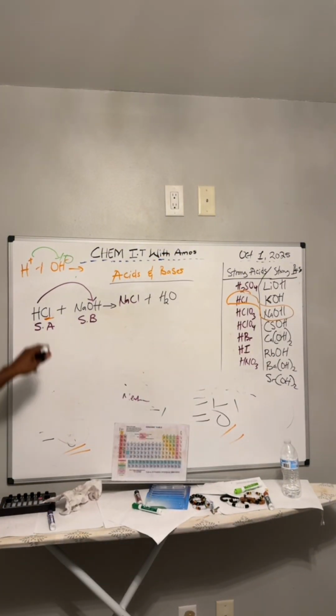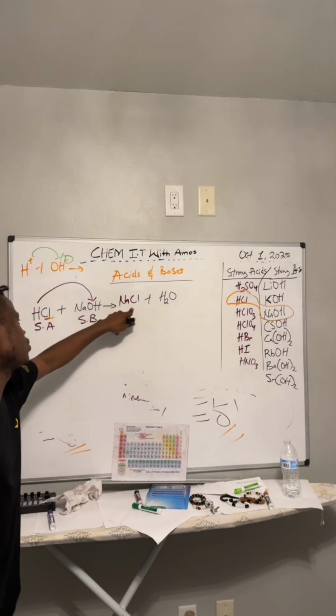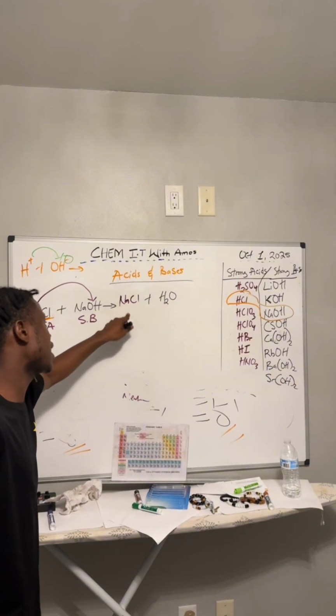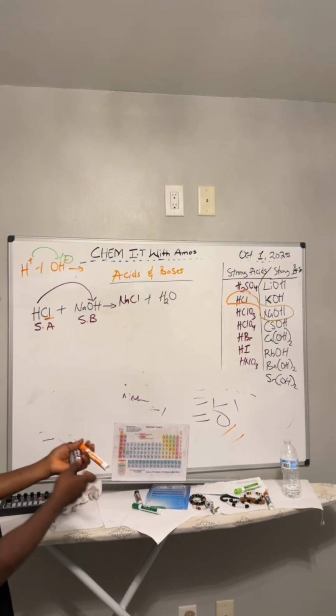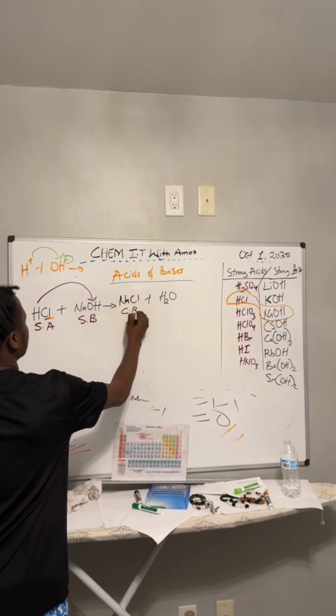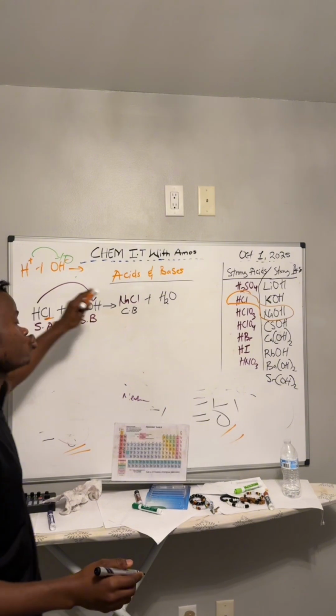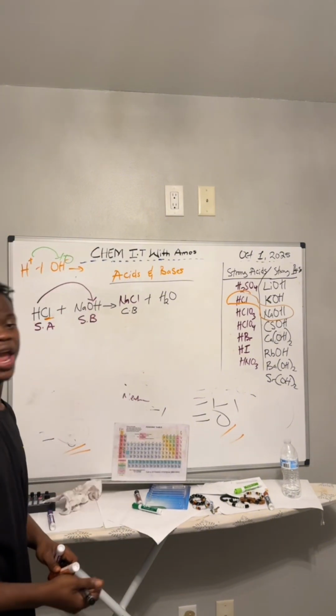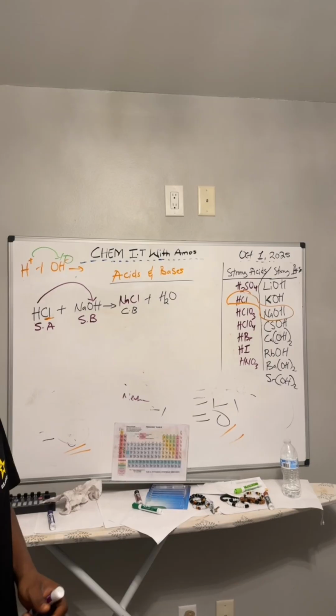Conjugate base. So the acid was HCl, but later on it lost the H. So this right here becomes the conjugate base, because we say acid forms conjugate base. When acid donates or loses hydrogen ion, or H, it forms conjugate base.